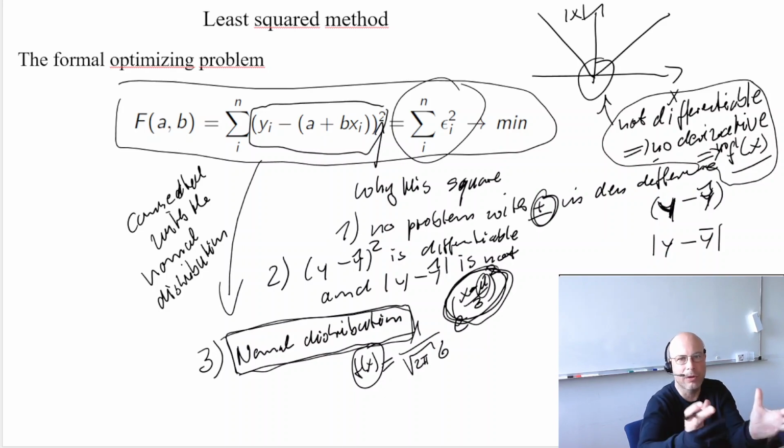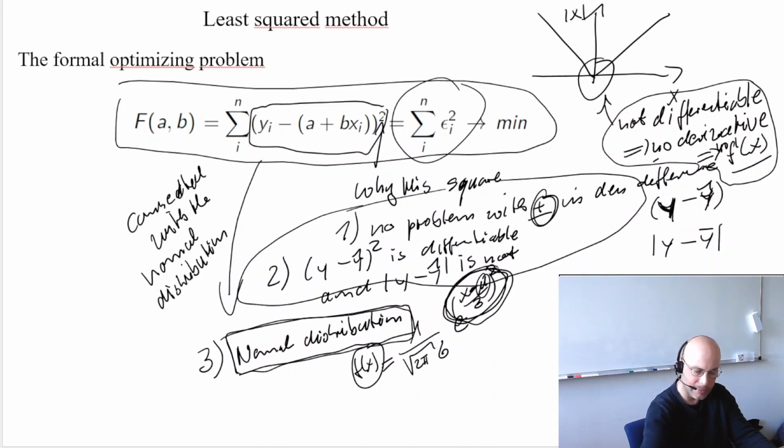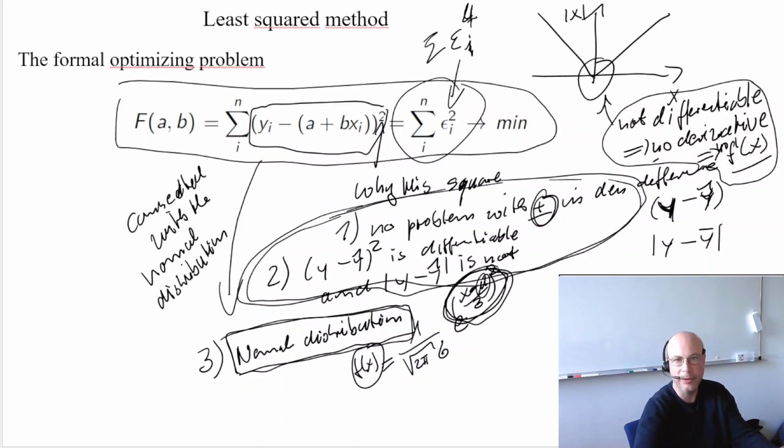And I think that you should also think about what you are doing, because all that these two things here require could also be possible if I take the sum over the error with respect to an exponent of 4. This has the same properties which I need for 1 and 2 here.